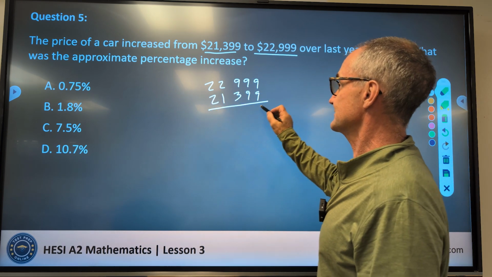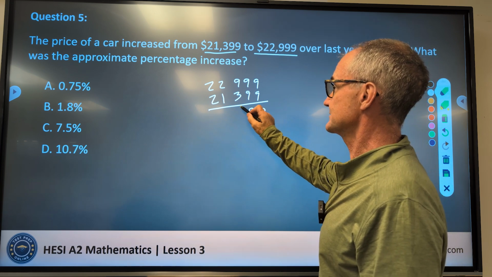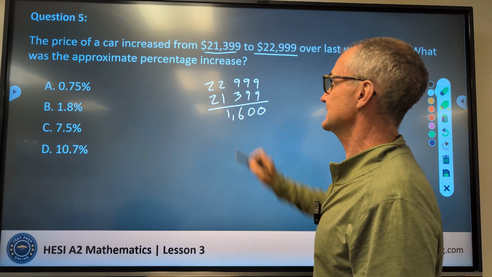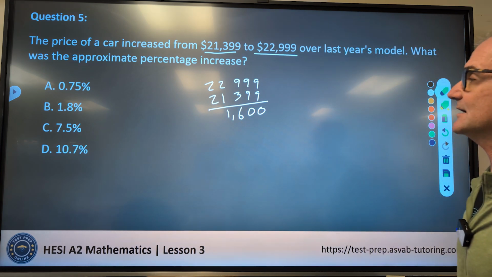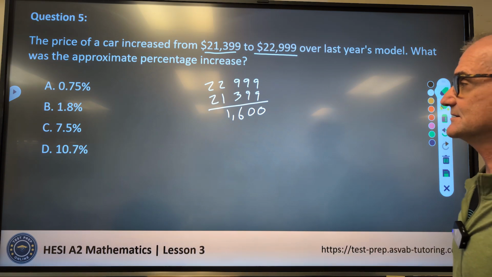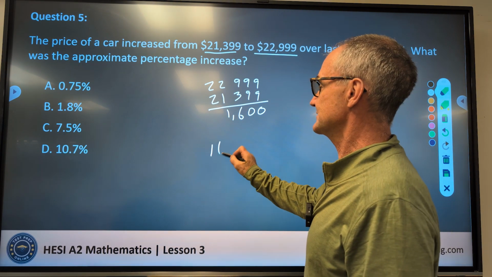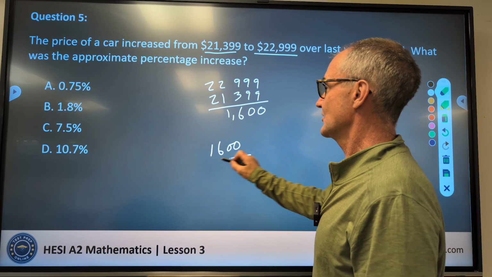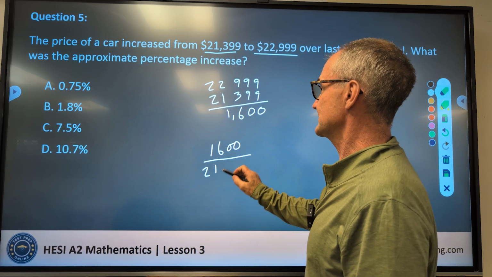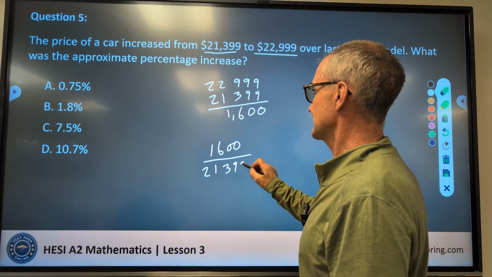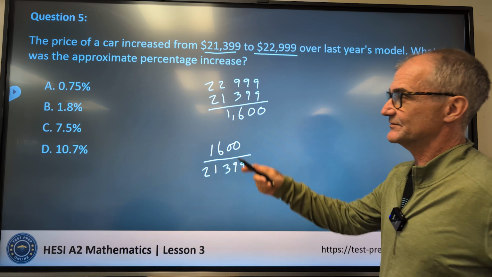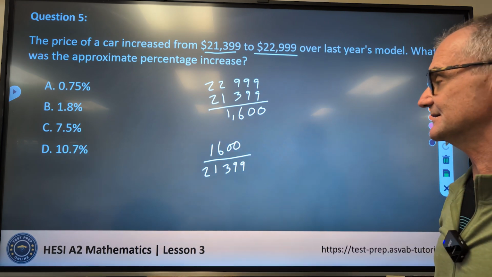The amount it increased is $1,600. So the amount of increase is $1,600 over that original price of $21,399.